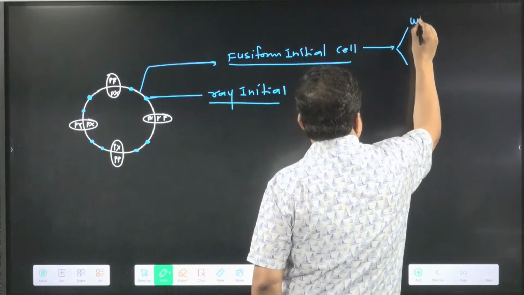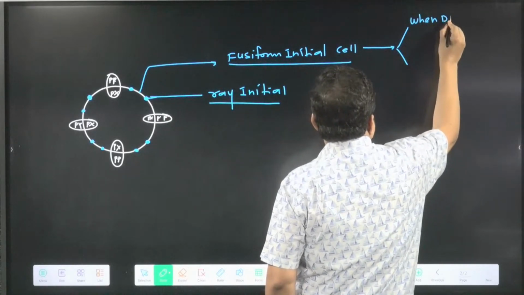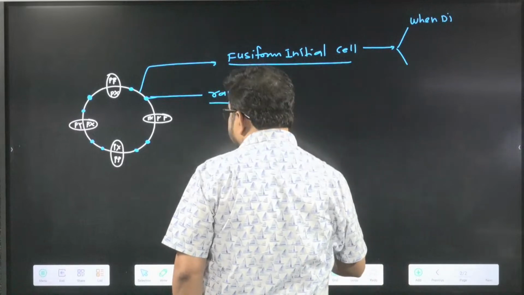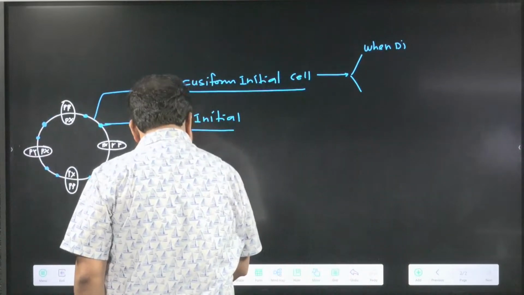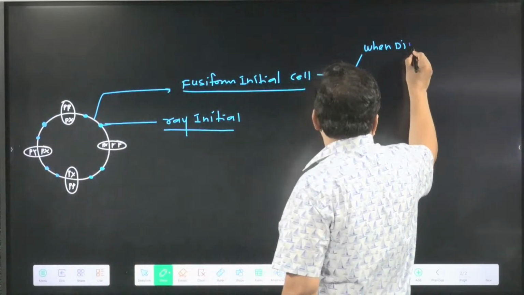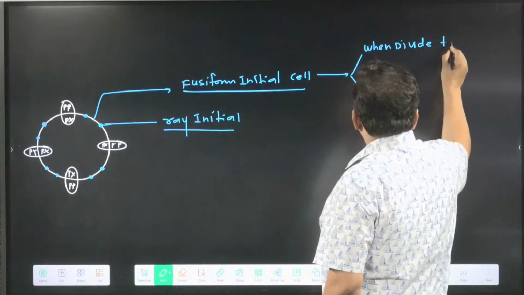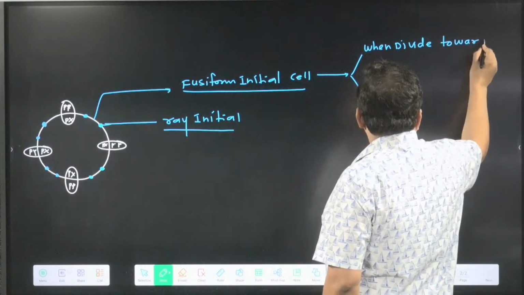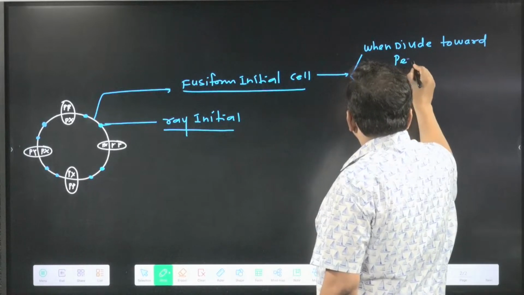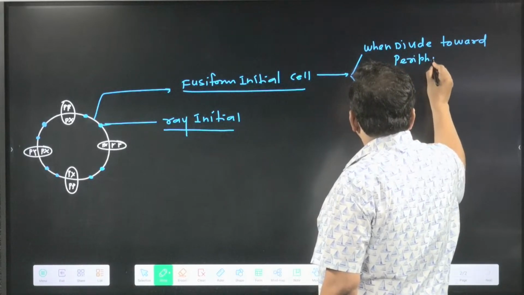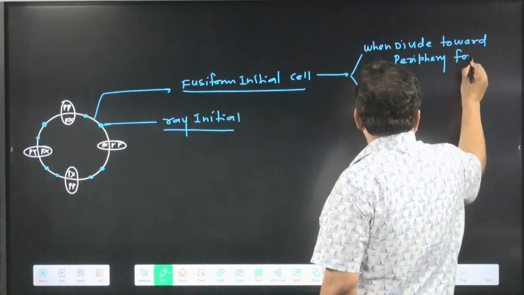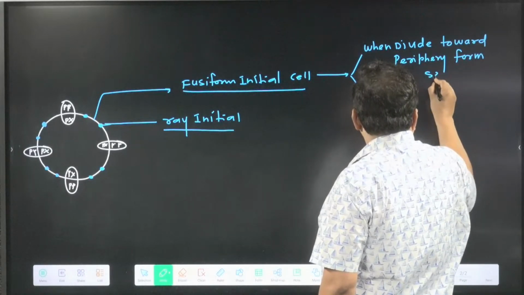So the fusiform initial cell, when it divides toward the periphery, forms secondary phloem.